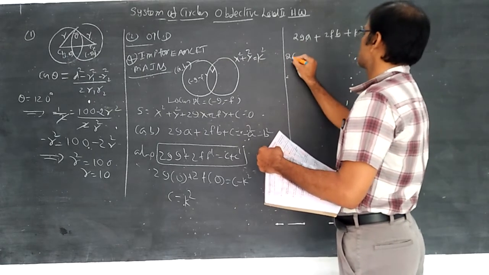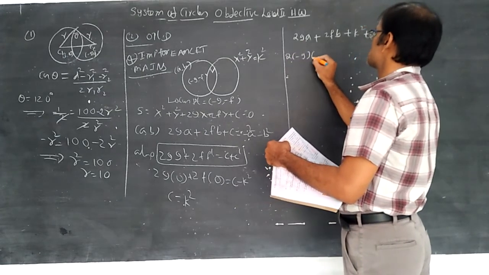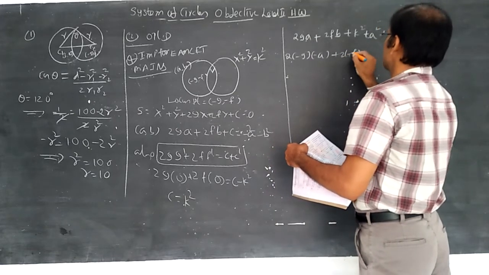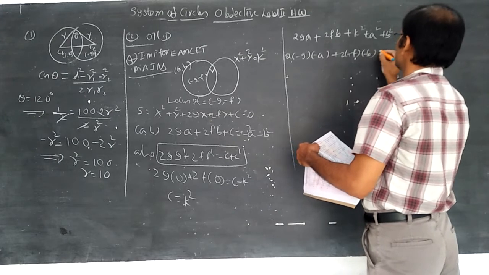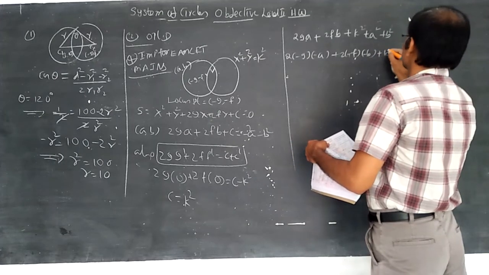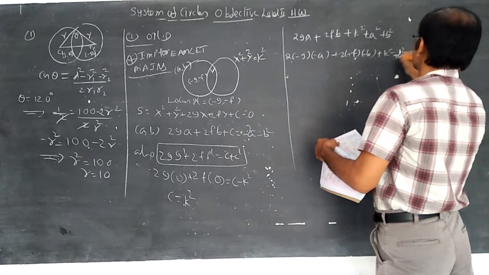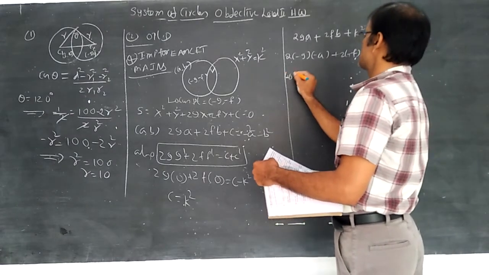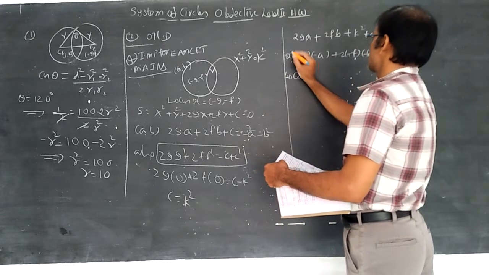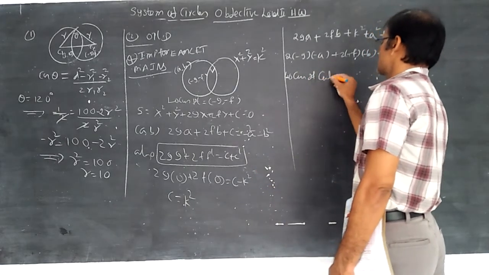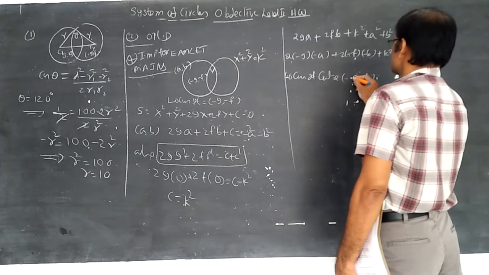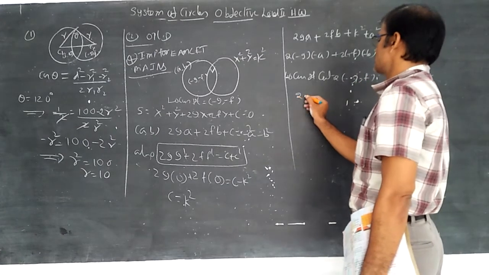Locus of center: you can write here minus 2g into minus a, because the locus point is like this, minus f into minus b plus k square plus a square plus b square. So you write the locus of center minus g comma minus f. Instead of minus g you should put x.